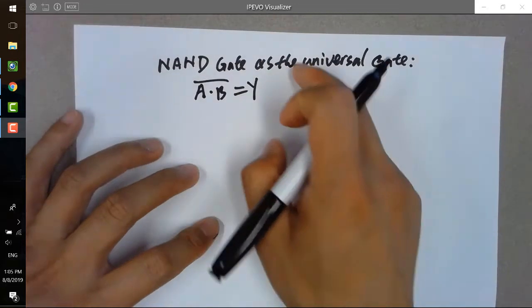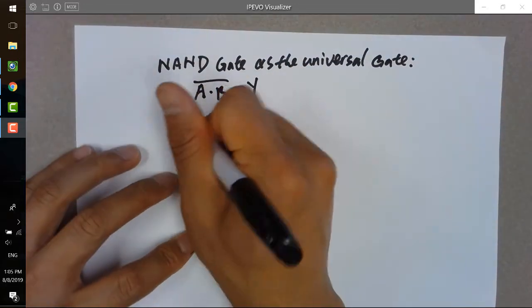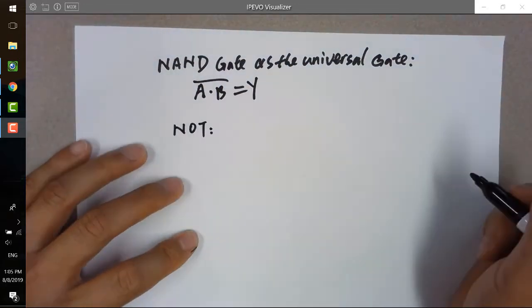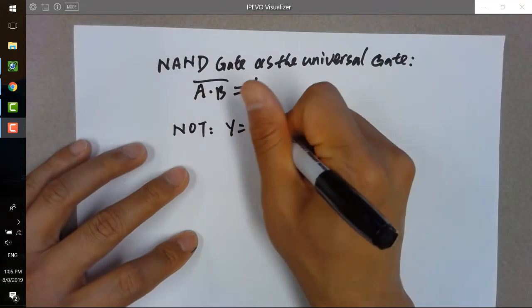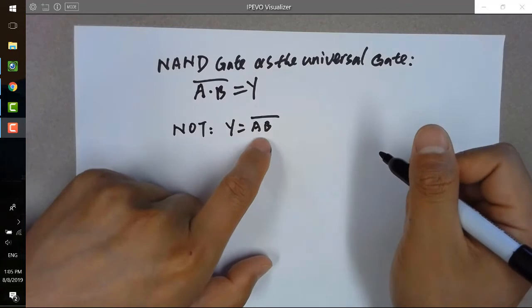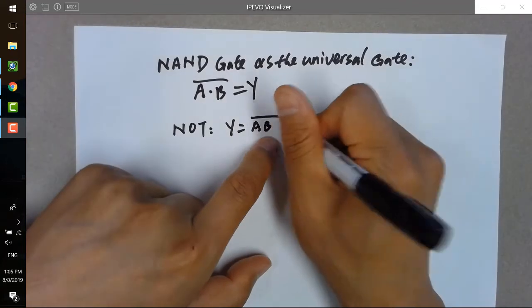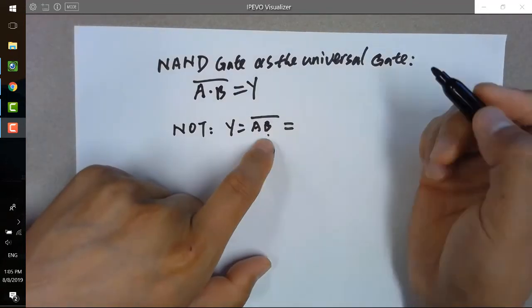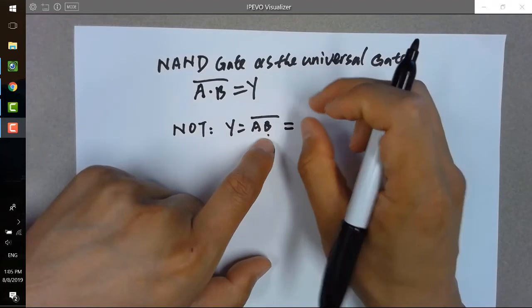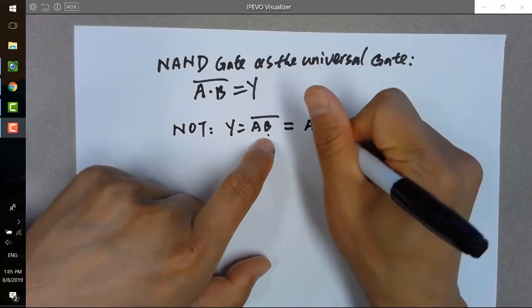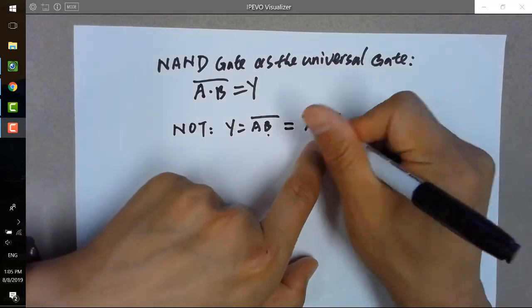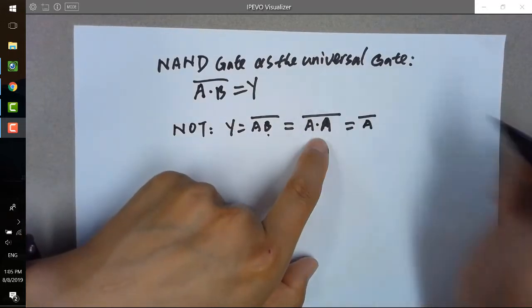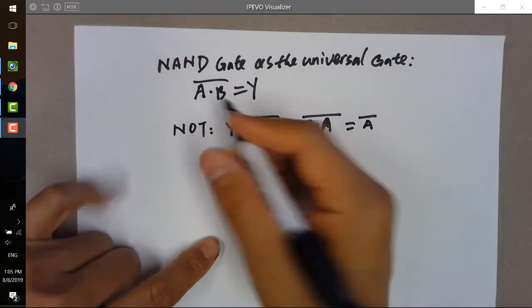If we want to make, for example, first of all, a NOT gate, which is an inverter, what we can do is, Y equals (AB) NOT, that's a regular NAND gate. And if we short the two inputs, it becomes (A AND A) NOT. So A AND A is A, and finally it's going to be A NOT.